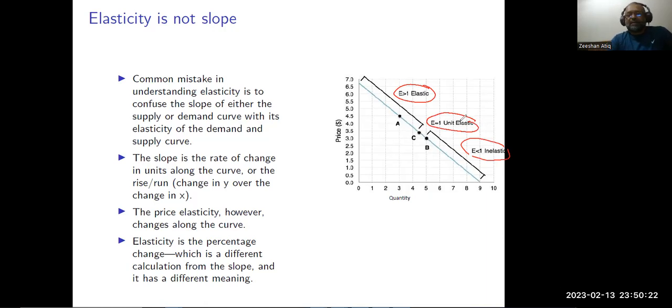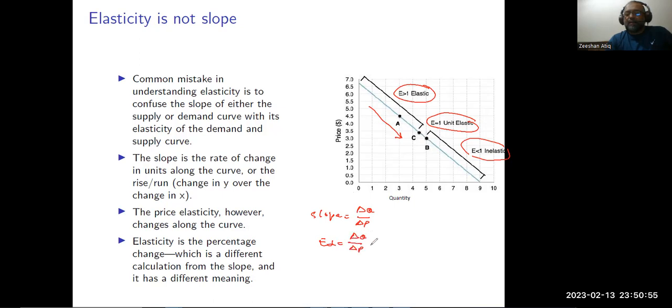So it means that the elasticity and the slope cannot be the same concept, because the slope remains the same across the demand curve or the linear curve, but elasticity is changing on the upper part, the lower part, and the middle part. Technically as well, the formula of the slope is just the change in quantity due to change in price, whereas the elasticity of demand is the percentage change in quantity demanded due to percentage change in price, which can be written like this.